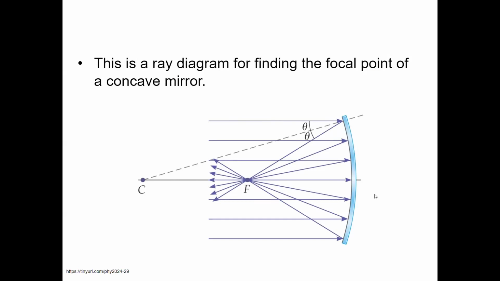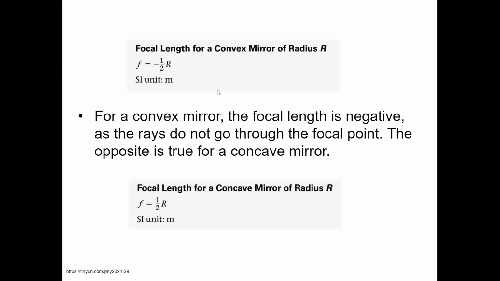So the focal length of a mirror is equal to 1/2 of R for a concave mirror. For a convex mirror, it's minus 1/2 of R. To determine whether it's a positive or negative focal length, it's based on whether the mirror has the ability to converge the rays or diverge the rays.